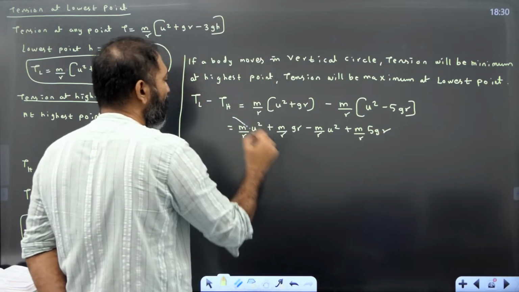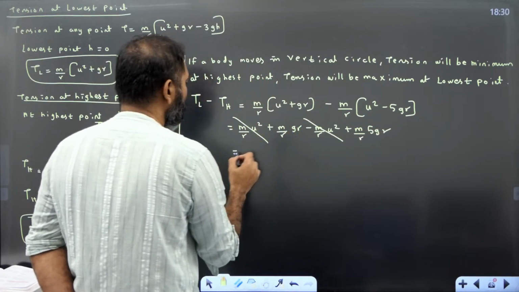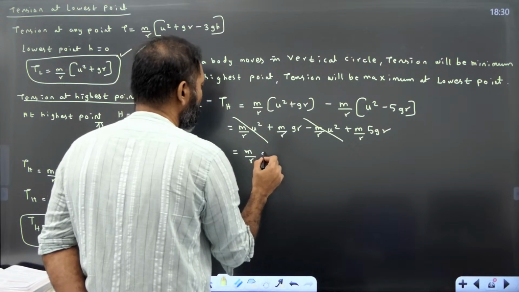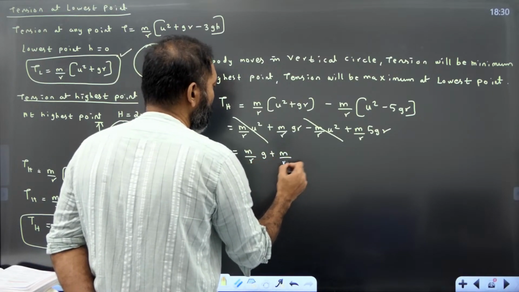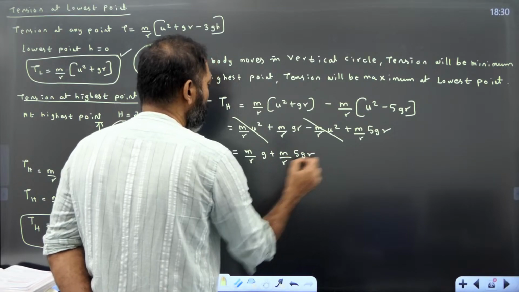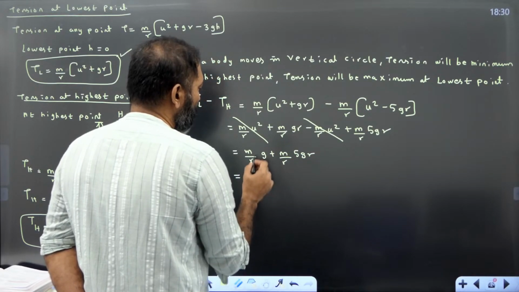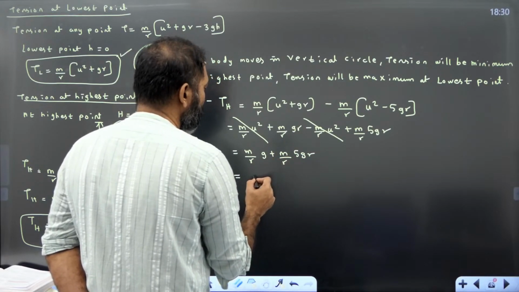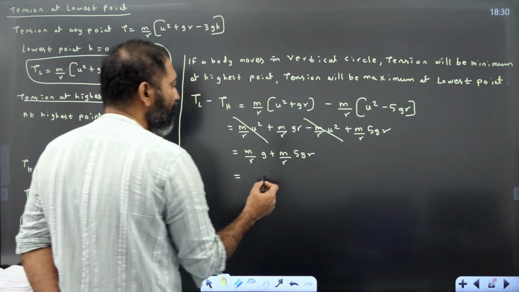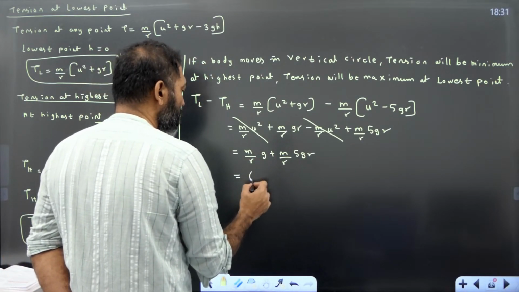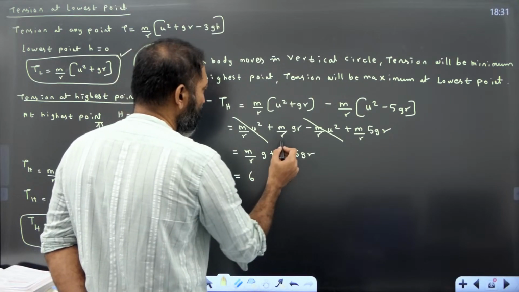So m by r u square minus m by r u square gets cancelled. So m by r gr plus m by r 5gr is what? 6 m by r gr.